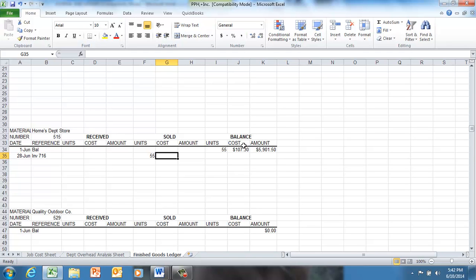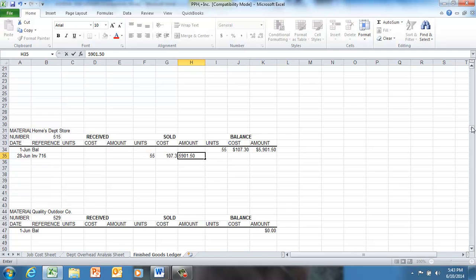And so that means first in, first out. The first costs in are the first ones to be sold. Here, all the 55 cost us $107.30, and so that total is going to be 55 times 107.30, which is $5,901.50.